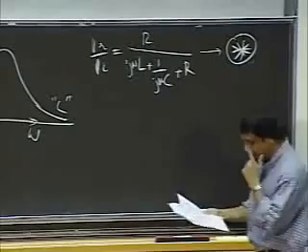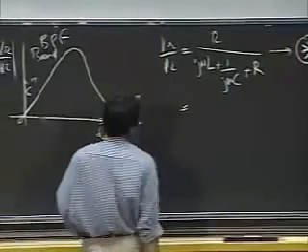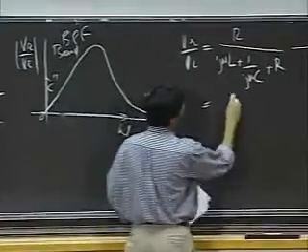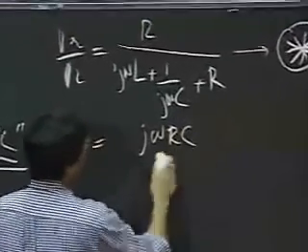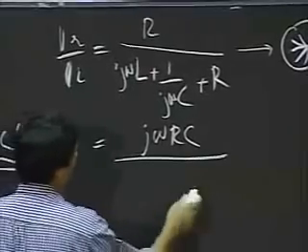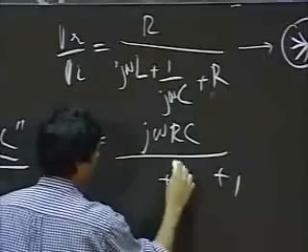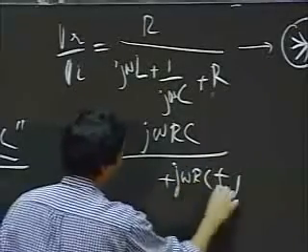So I'm going to multiply throughout by j omega C, and what I end up getting is j omega RC divided by 1 plus j omega RC.